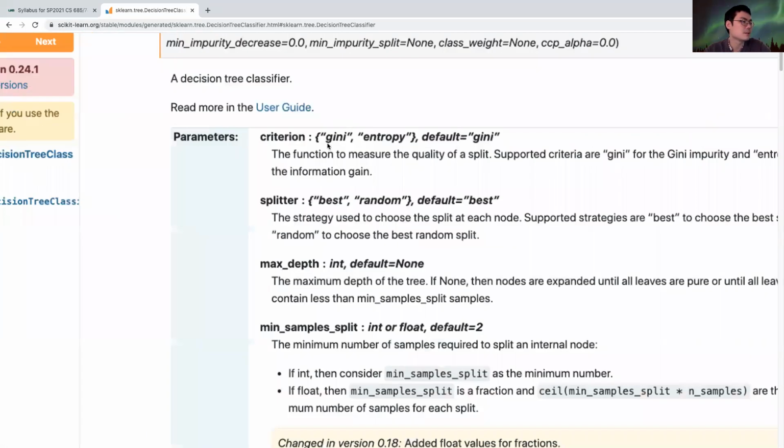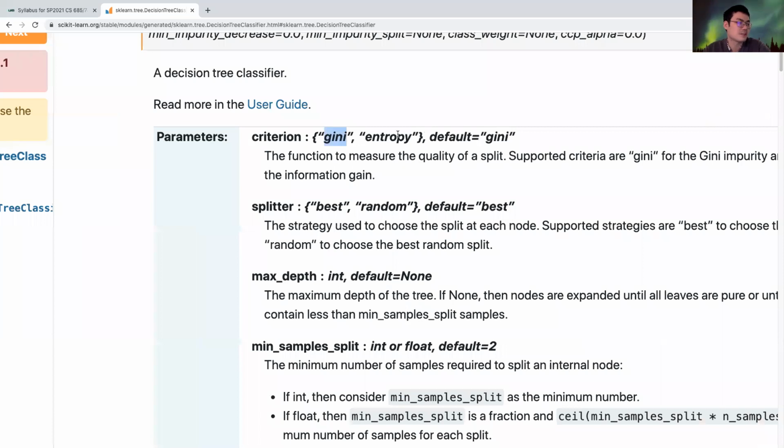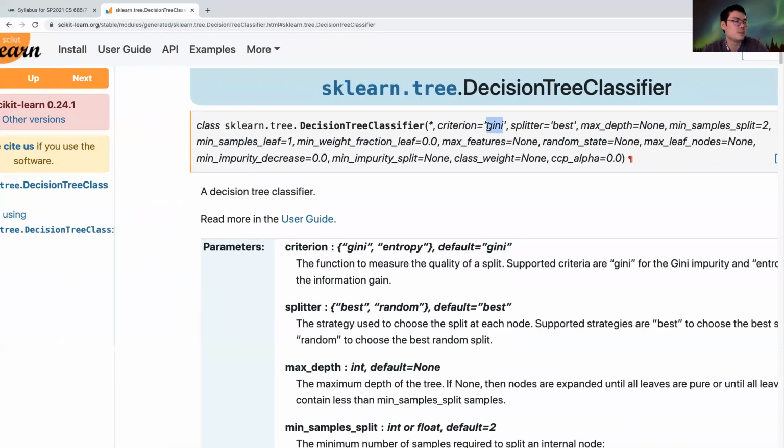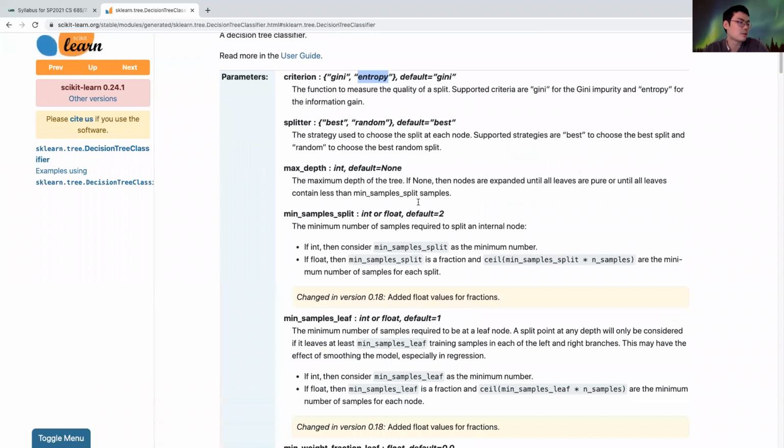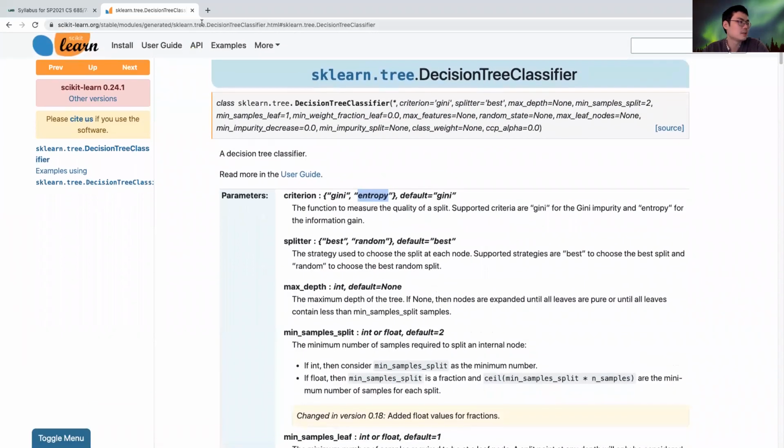You can see the criterion can be the Gini index, which is similar, and entropy, etc. By default it uses Gini, but we can use entropy to decide how to split at each step. So here's an example of entropy. How is entropy defined?